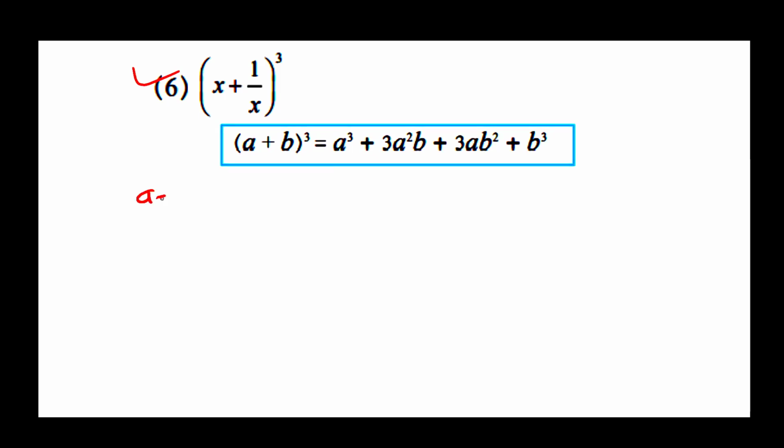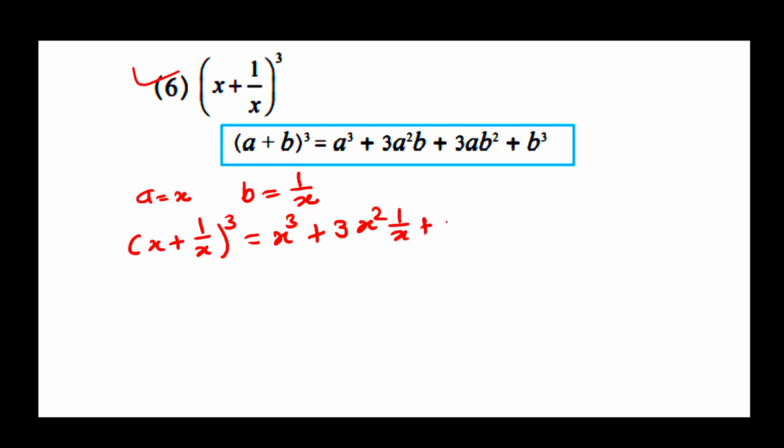Here a = x and b = 1/x. (x + 1/x) cube = a cube, means x cube, plus 3 into x square into 1/x, plus 3 into x multiplied by (1/x) square, plus (1/x) cube.